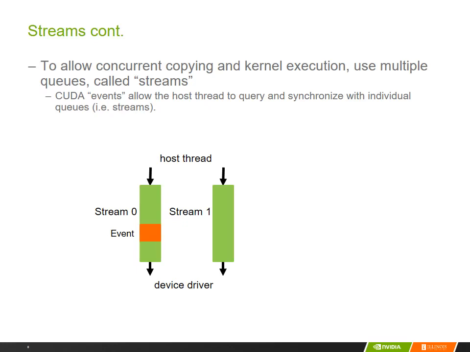In practice, there will be many streams, so we can actually have many streams in the picture, but here we only show 2 of them for simplicity. The commands in these 2 streams or 2 queues will be executed totally independently of each other. So that's where the parallelism will be exploited.